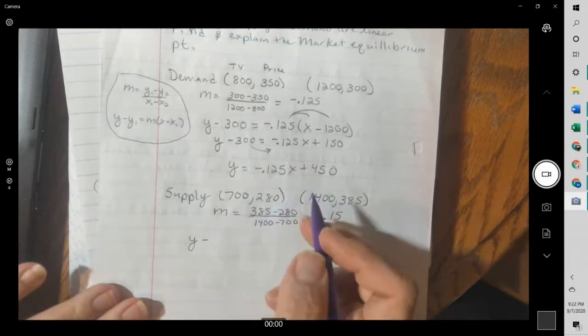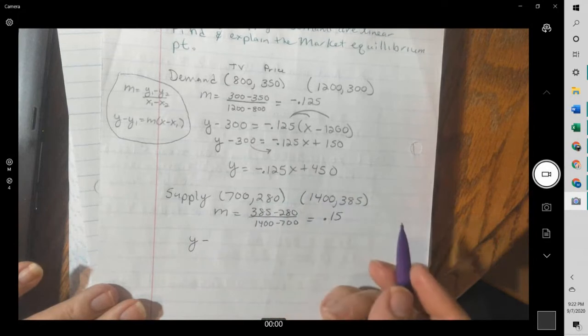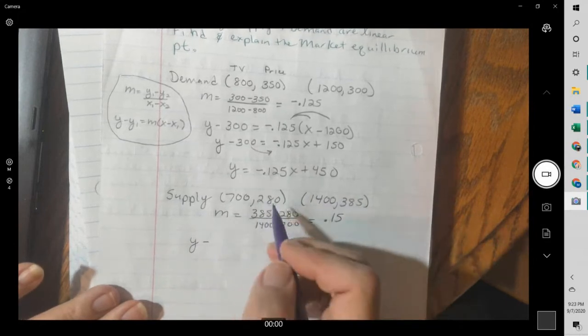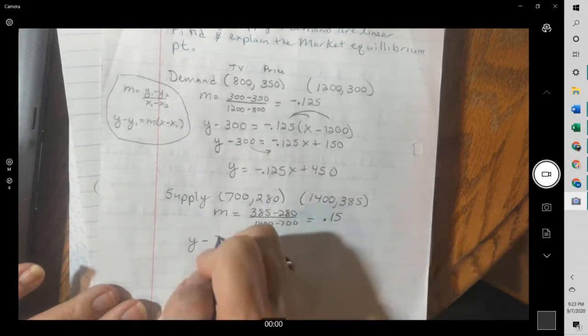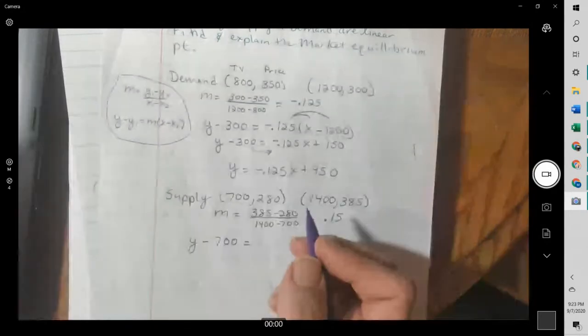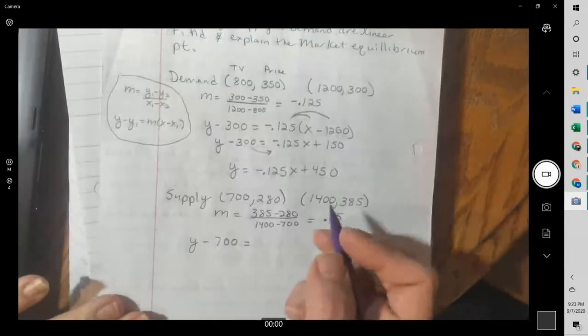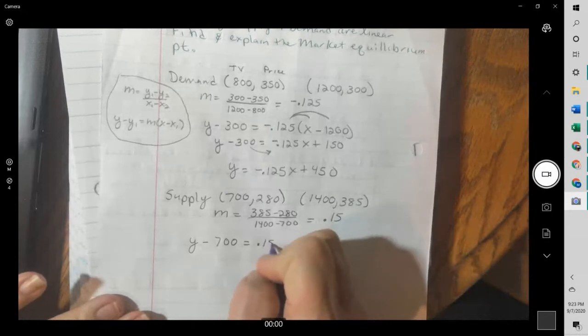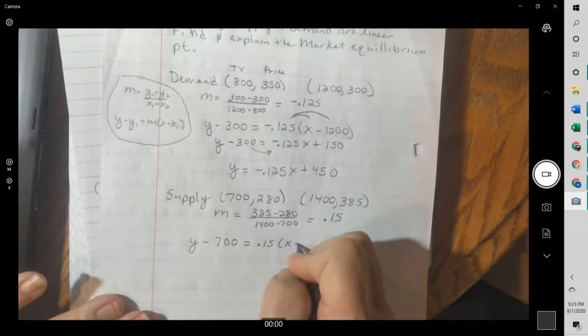Y minus 280 equals 0.15 times x minus 700. This one's smaller, so I use 700, but you can use either one. When you solve it for y, it will still give you the same value.